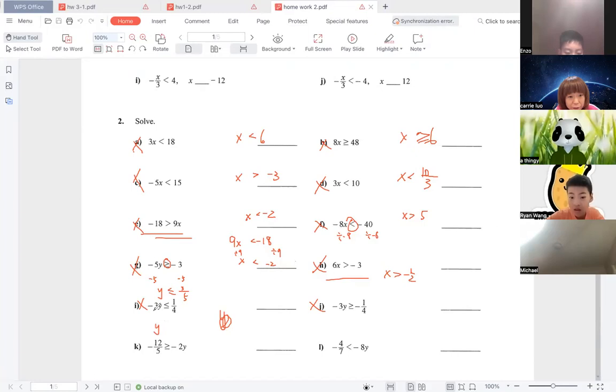So -3y divided by -3 equals what? 1y. Yeah. So the left side, you need to divide by -3 as well. So 1/4 divided by -3 equals what?